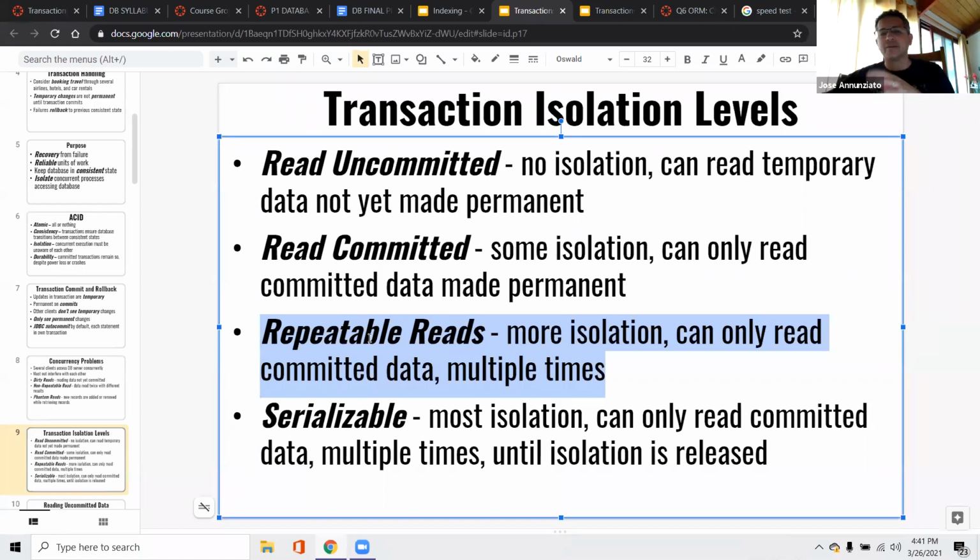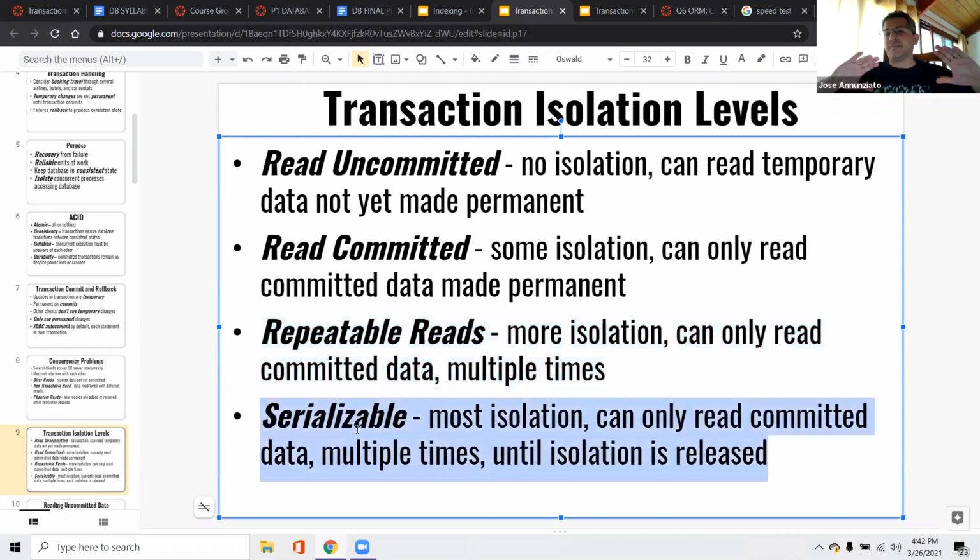They'll have to wait. They'll be put in a queue, and they have to wait until whoever is working with this record does the commit, and then the locks are released, and then anybody who was in line in the queue can come in and make updates. Okay, and then finally you have your serializable.